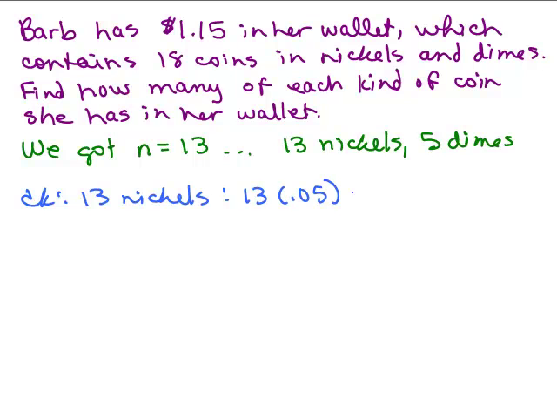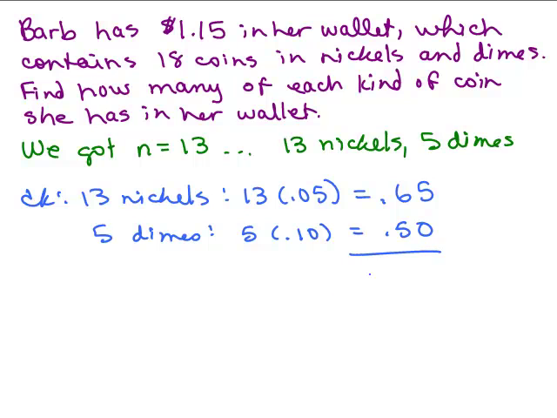So that would be 65 cents. And if we had 5 dimes, that would be 5 times 10 cents, or 50 cents. And if I add that up, I have $1.15. So it checks. You could put it in the chart again and do it that way. But basically, you just want to make sure that 13 nickels and 5 dimes really does give you $1.15. And also that you do have a total of 18 coins.